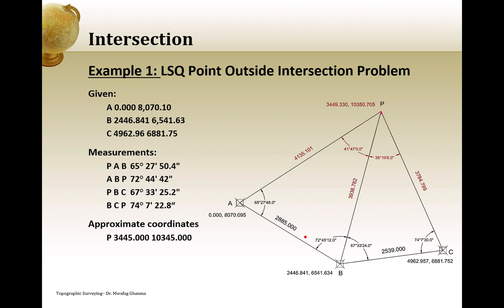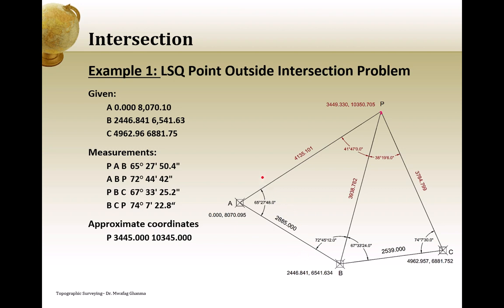Now, if you are doing least squares for any type of problem, for the traverse, for the triangulation, for the trilateration, for the resection, for the intersection, it is all similar in the structure of the input file.